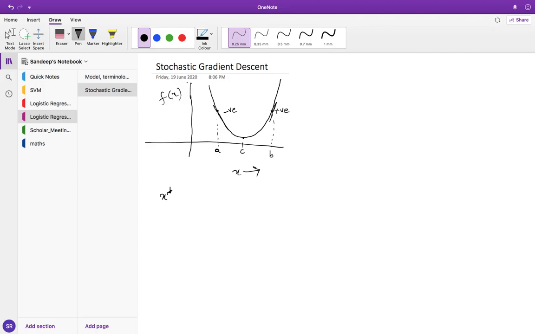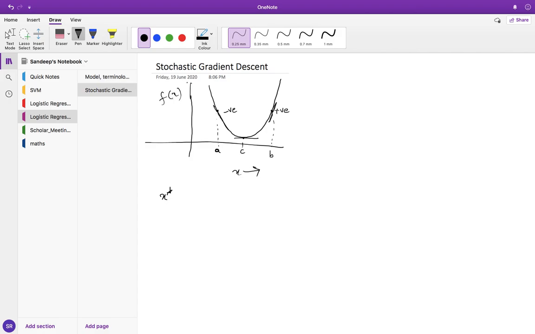The tangent gives the slope. So the tangent here is positive, and the slope here is negative. Our goal is to find this point. As you know, at the point at which we have a minimum, the slope is 0. So we need to reach a point where the slope is 0.